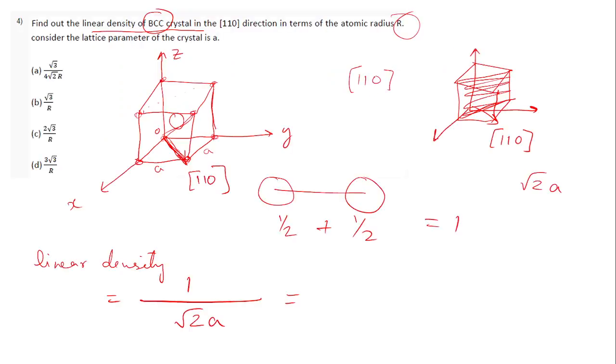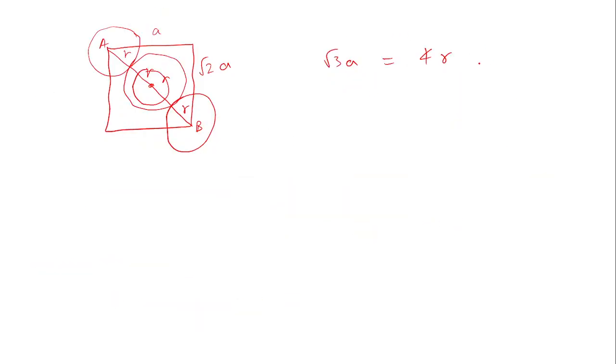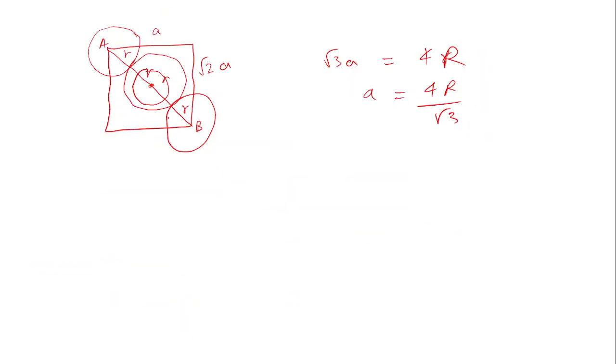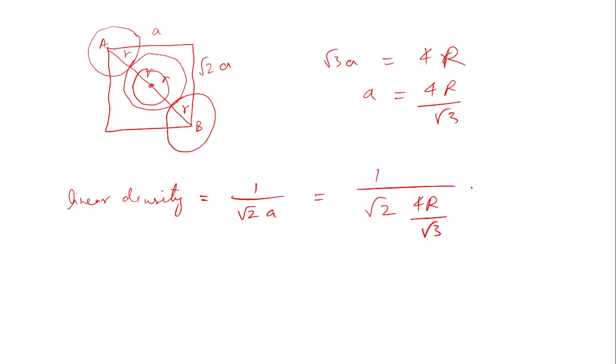Actually I should use capital R because in the answer we have capital R. So the relation here is A equals 4R by root 3. Linear density was 1 over root 2A. When I substitute the value of A here, I'll get 1 over root 2 times 4R by root 3.